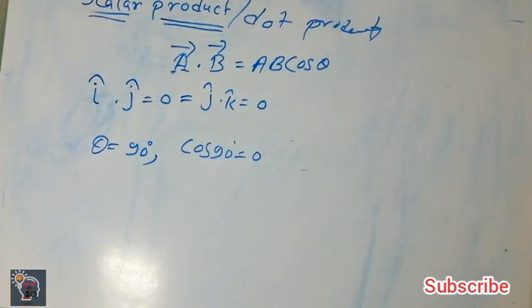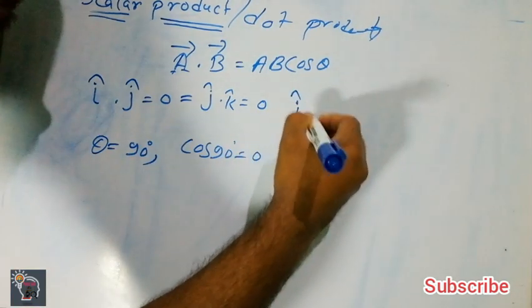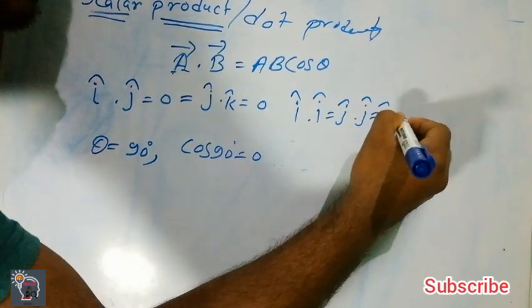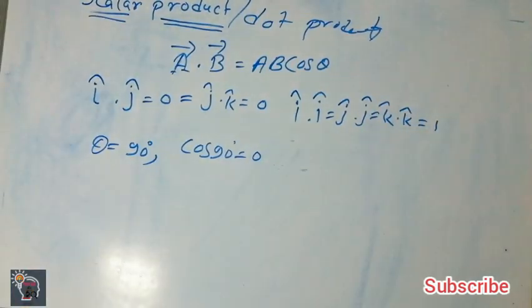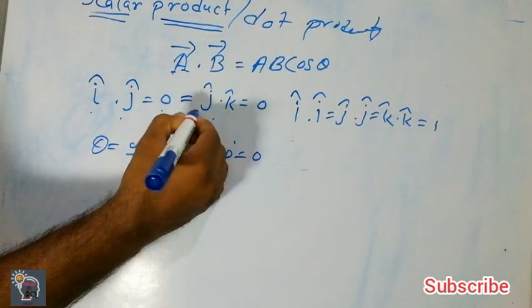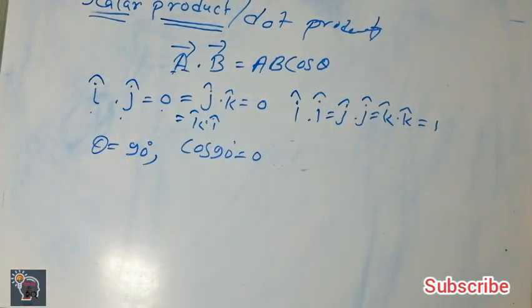So the rules are i cap dot i cap is equal to j cap dot j cap is equal to k cap dot k cap is equal to 1, and the other products become 0, that is i dot j, j dot k or k dot i is equal to 0.